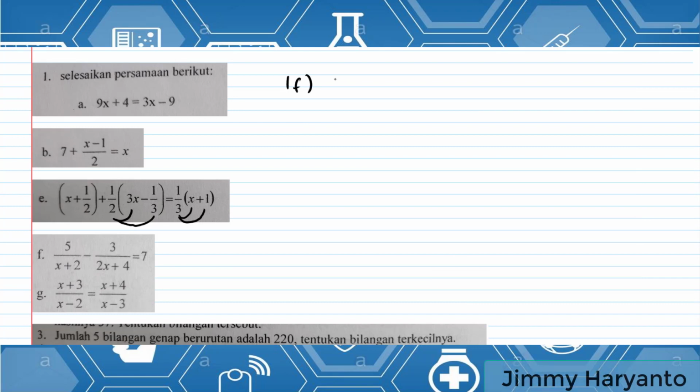Next is F. 1F. I have 5 over (x plus 2) minus 3 over (2x plus 4) equals to 7. Before I explain this to you, I want to recall the addition and subtraction of fractions. So if I have 1/2 plus 1 over 8, what do you do?